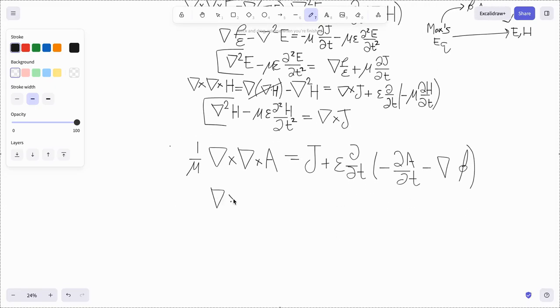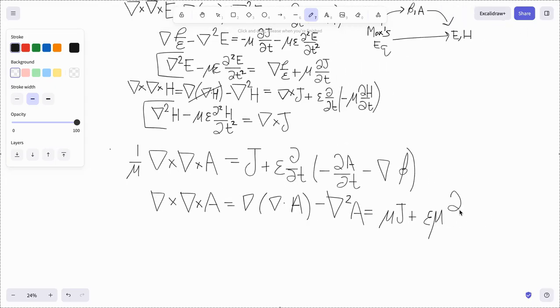And then you'll notice that we have this similar curl of A, which we can rewrite using the identity we know, which is that the gradient of the divergence of A minus the Laplacian of A is equal to mu times J plus epsilon mu partial squared A over partial t squared.